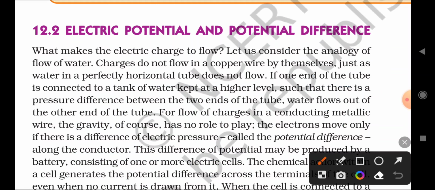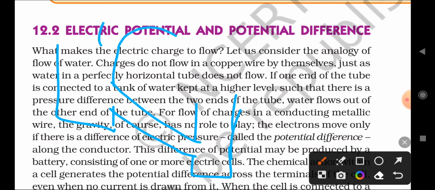When this same experiment is done with one beaker placed at a higher position and another beaker placed at a lower position, and they are connected like this, now we add the water from this direction.